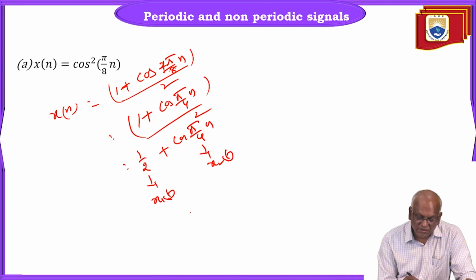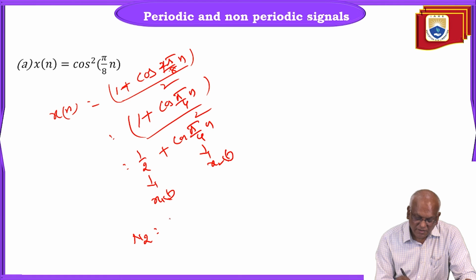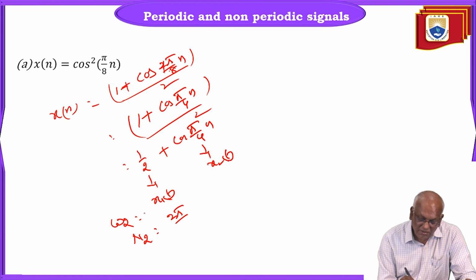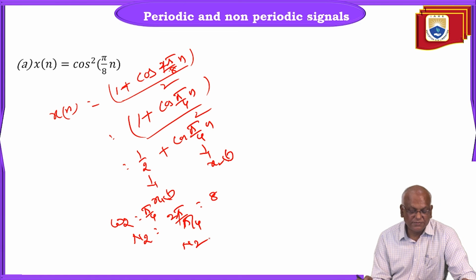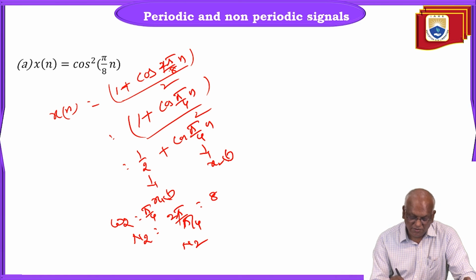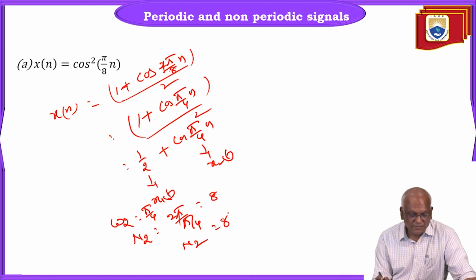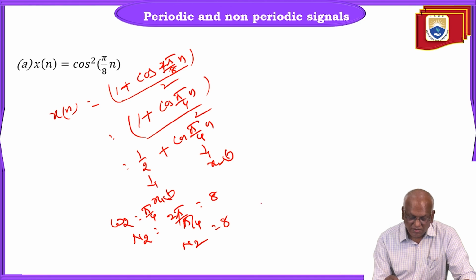For these signals, we find N2 given by 2 pi by omega 2, which is pi by 4. Pi cancels. N2 equal to 8. Now for N1, the DC signal, the value is half times 1 square.